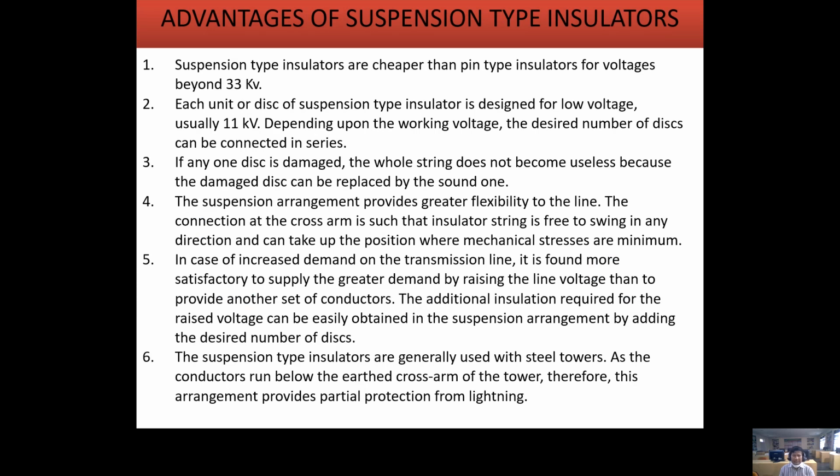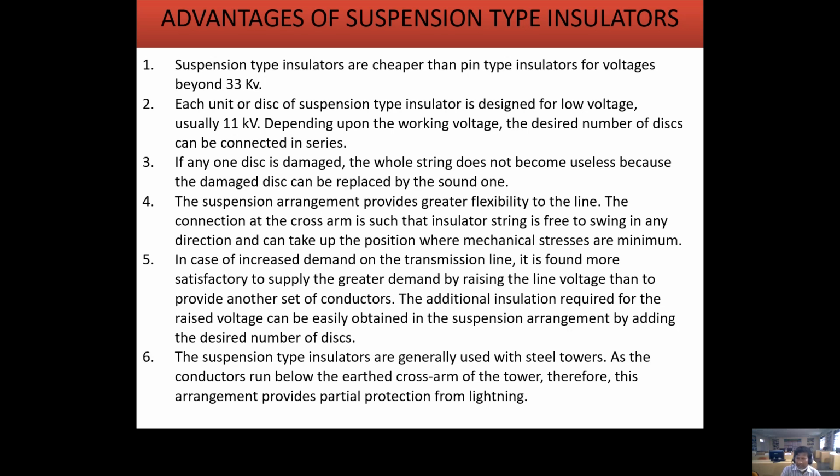What are the main advantages of suspension type insulators? Suspension type insulators are much lower in cost than pin type insulators for voltages beyond 33 kV. As already discussed, each unit of a suspension type insulator is designed for a low voltage of 11 kV.